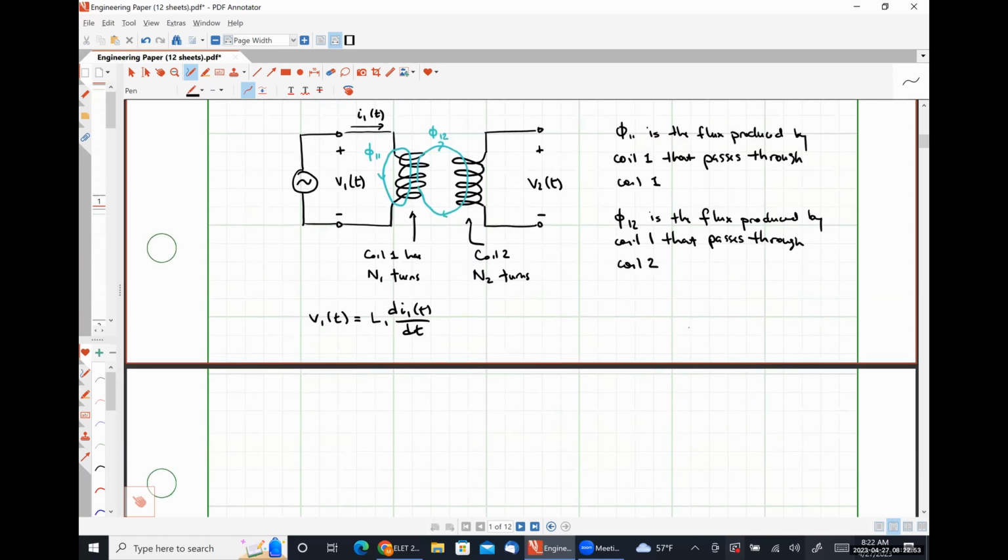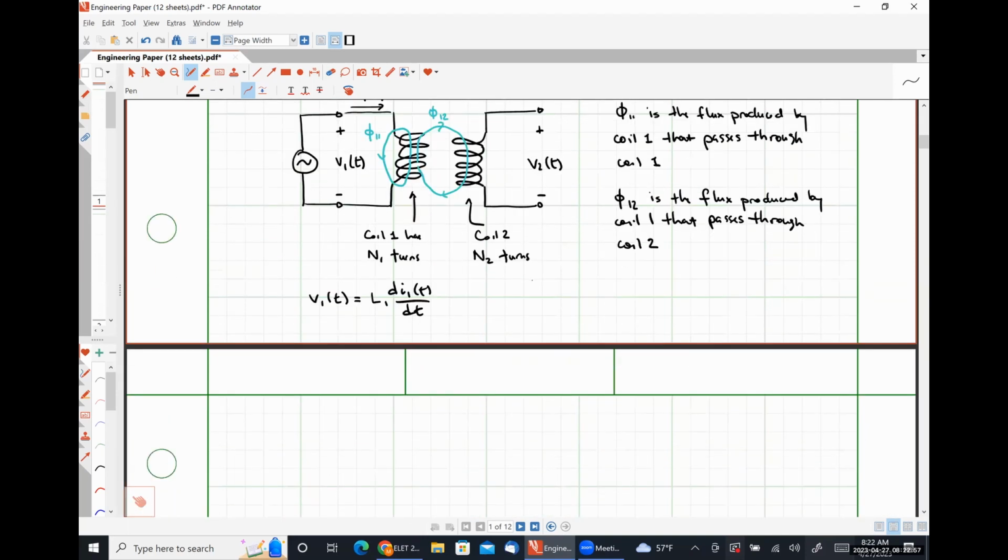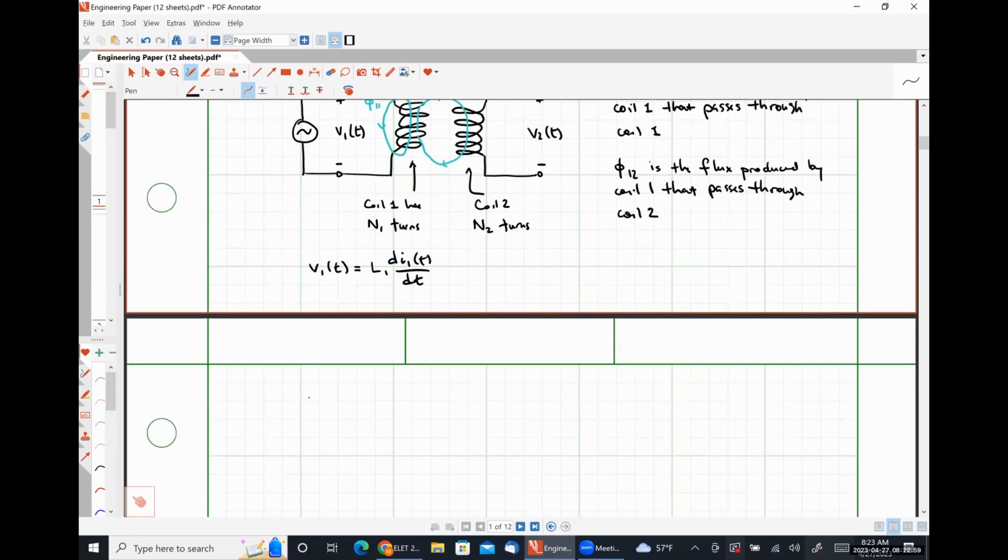We can mathematically describe this voltage as V2 of t will be the derivative of our flux linkage for coil 2 with respect to time. So what do you guys think the flux linkage for coil 2 is supposed to be?